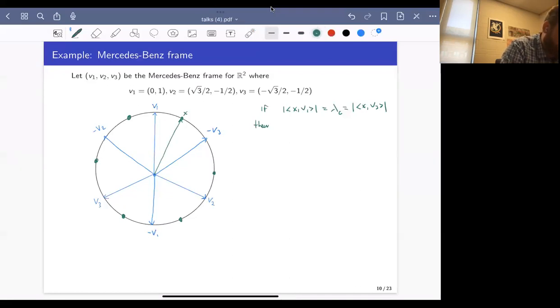So if I take some lambda which is smaller than this, then the collection of unsaturated coordinates is just going to be v2. Oops.